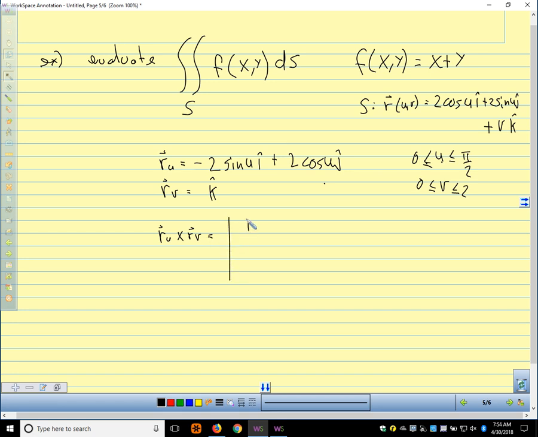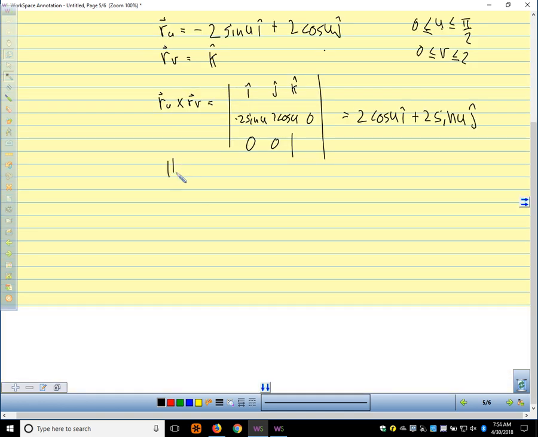So we do our determinant, i hat, j hat, k hat, and we have a 0, 0, 1. And when we find our cross product, we get 2 cosine u i hat plus 2 sine u j hat. And the magnitude of this is 2.